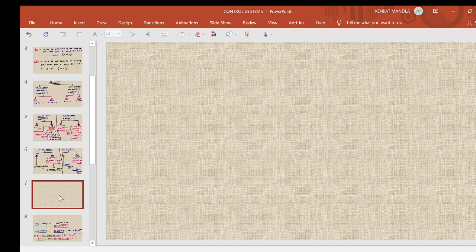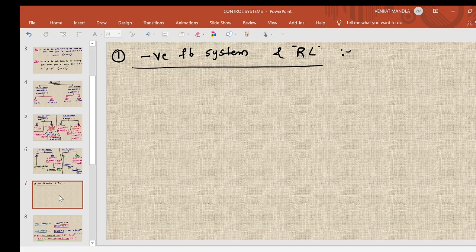So first I will take negative feedback system and root locus, okay? This we already know how to draw for a negative feedback system and a root locus. For this we have certain rules, okay? But what is the angle criterion for this?